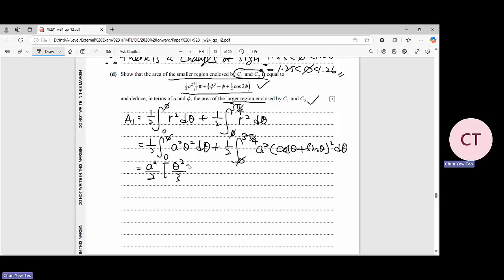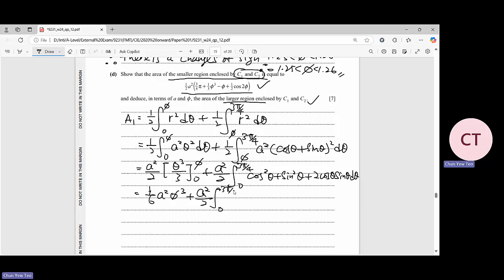Theta cubed over 3, 0 to phi. Expand them. It will become cos squared plus sine squared plus 2 cos theta sine theta d theta. So this one will be 1 over 6 A squared phi cubed, and this one will be A squared over 2.